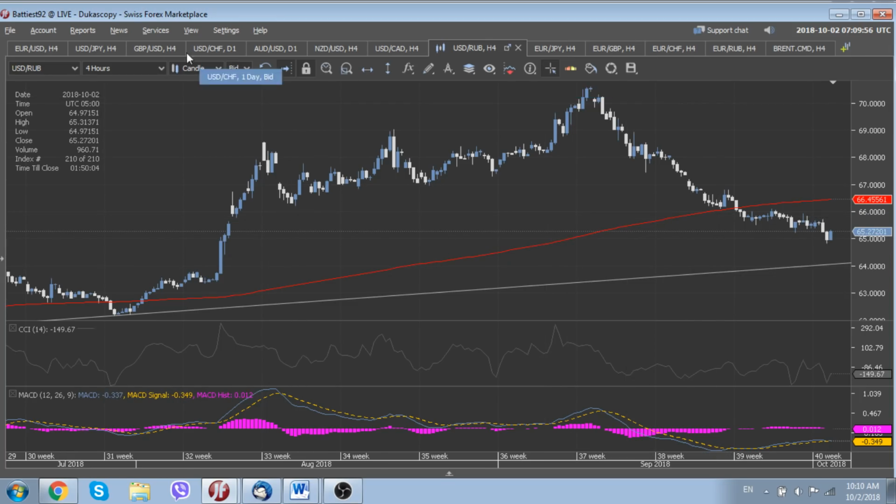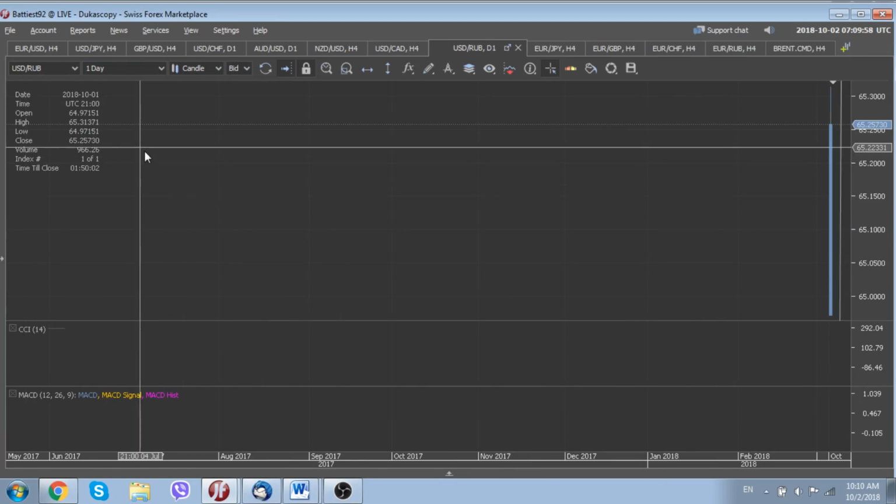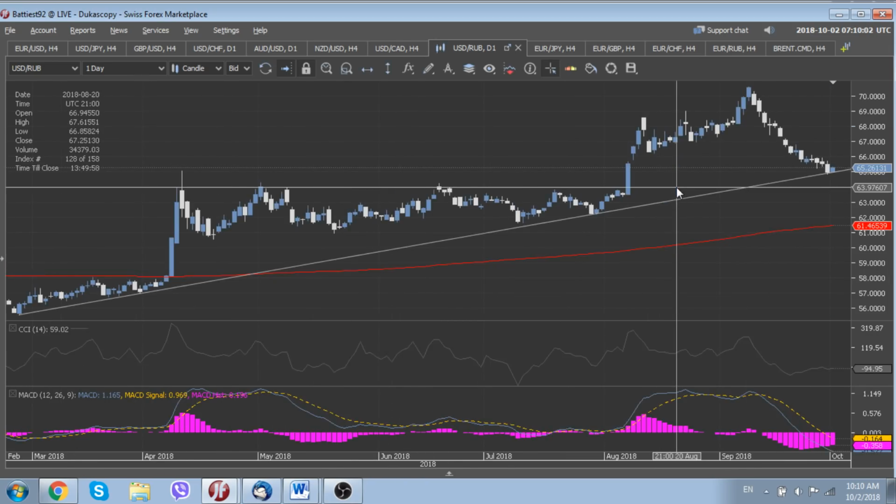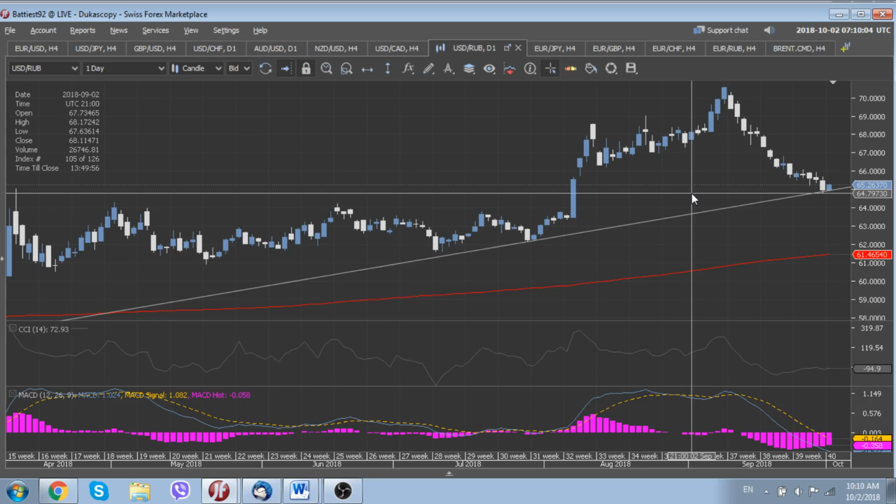But overall, if we see the daily chart in the dollar ruble, we are just trading around the 2018 uptrend line, and in case of breaking below this trend line today, probably it will mean that dollar ruble could receive some additional weakness impulse.